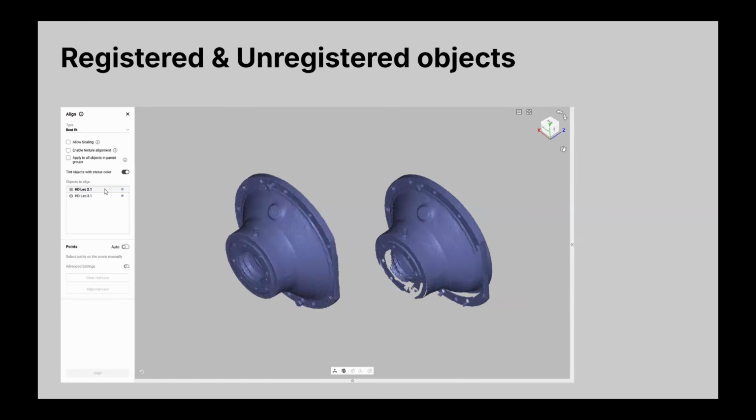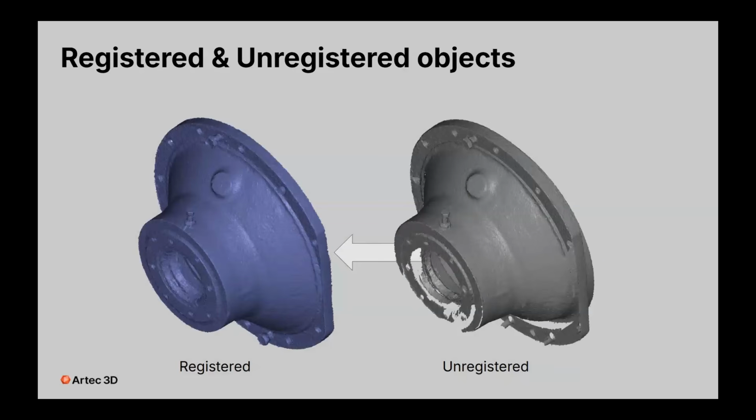The blue object is a reference one, it will remain in place, but the object highlighted in gray will be joined with the one highlighted in blue. When you have just two objects, it does not particularly matter, but it becomes important if you have multiple objects in your scene.